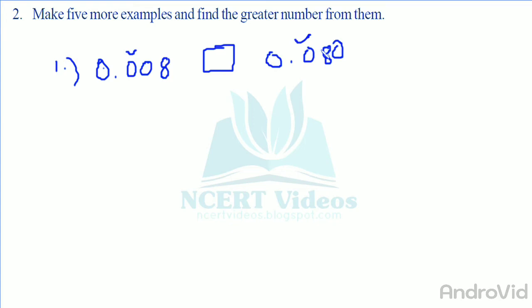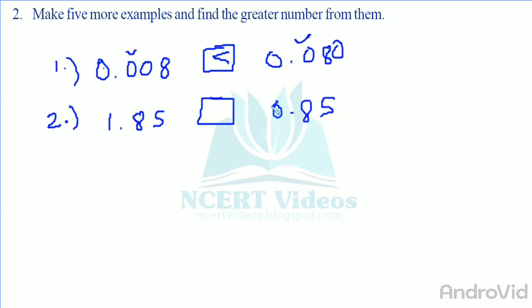So clearly the hundredths part is different. In the second it is greater. Similarly, let's choose the second part, 1.85. Again we'll compare in this box, 0.85. So clearly in the whole part, the first one is greater.